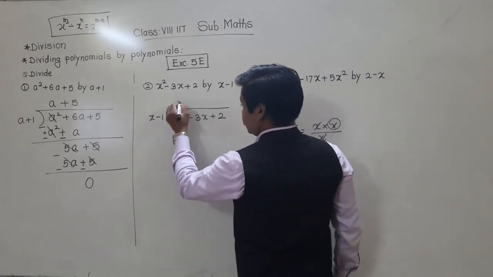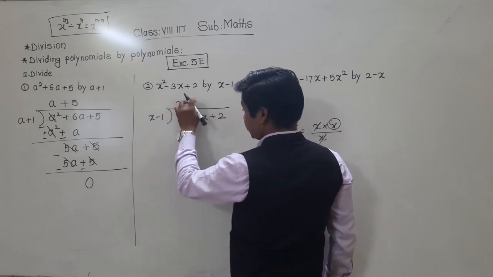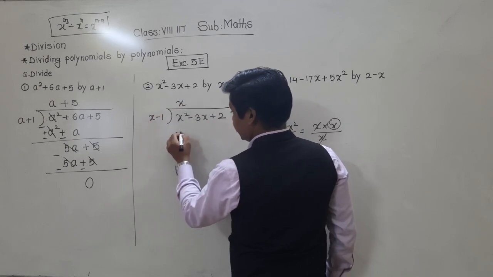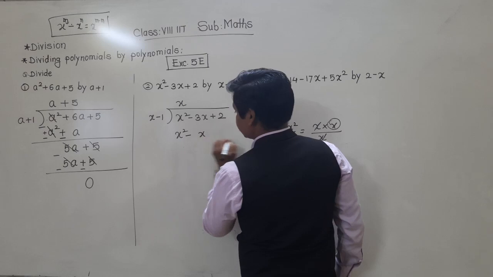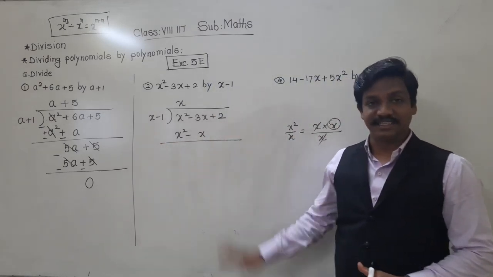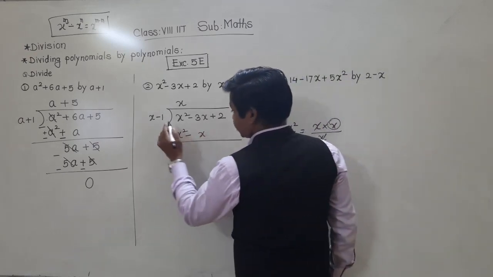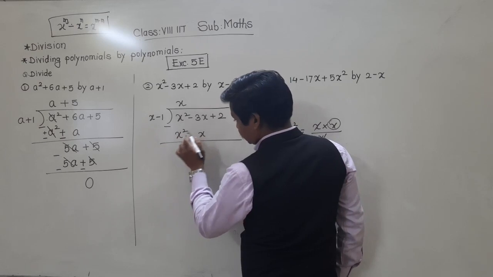So write that in the quotient and multiply the divisor by the quotient. So x into x, x square, x into minus 1, minus x. Okay. Be careful about the sign. Let us subtract this. Due to this minus sign, the sign of these two terms will get changed.